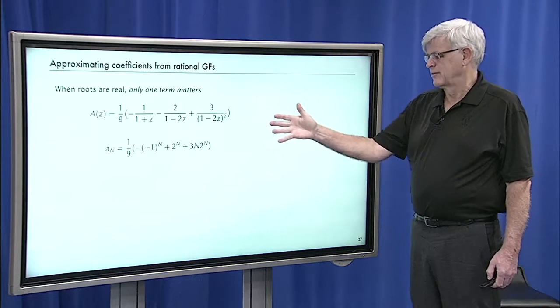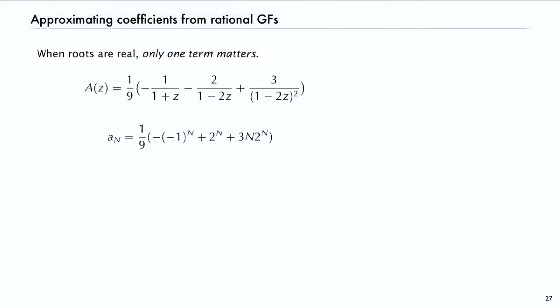So we extract those different roots, those different terms, one for each root. But the first thing to notice is only the largest one matters. Any root that's smaller than the largest one is going to have a term for it, but it's going to be exponentially small by comparison to the large one. So we just throw it out and get a good approximation.